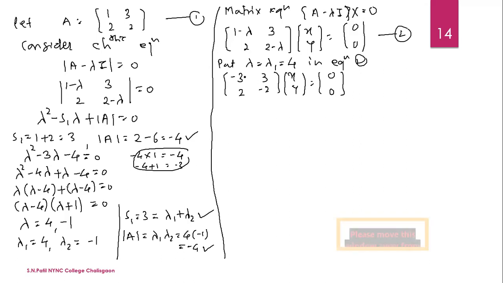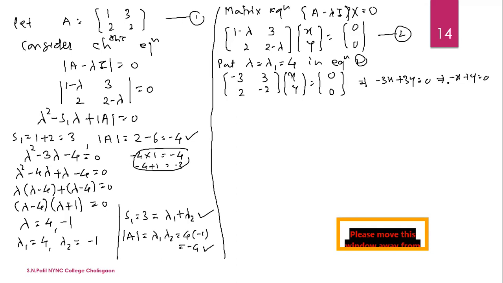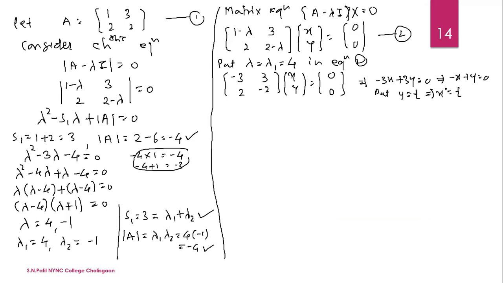Now since both are identical equations, consider any one. I am considering the first equation, minus 3x plus 3y is equal to 0. Divide through by 3, that is minus x plus y is equal to 0. That is x is equal to y. And put y is equal to t. We get x also t. Substitute here y is equal to t, you will get x is t.